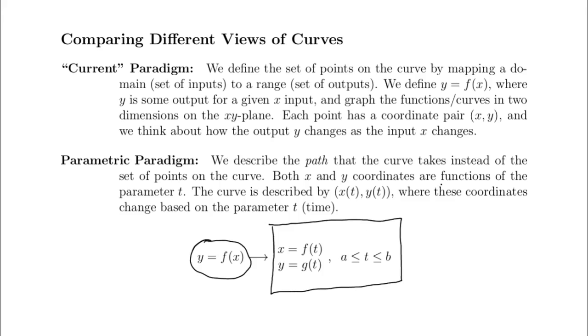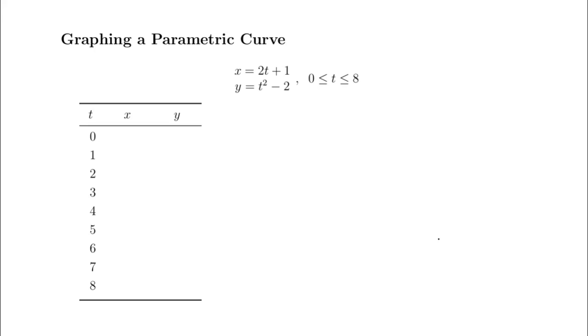We count forward in time. Sometimes we'll have an ending point in time, sometimes not. So we can have lots of different options for this little inequality at the end. You can almost think of this as like a domain, except it's not the normal way of thinking about domain graphically, but these are just the set of time values that are reasonable to think about this path that we're taking. All right, so how do we graph one of these?